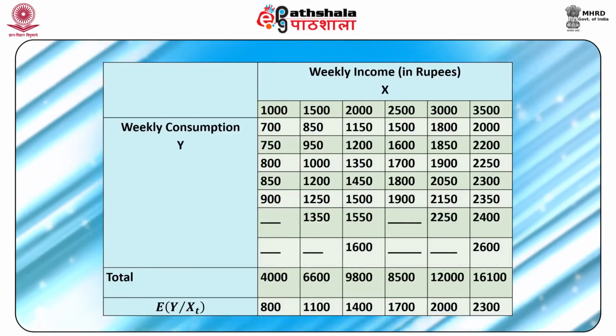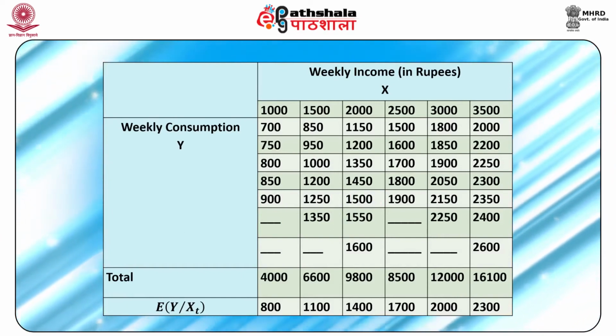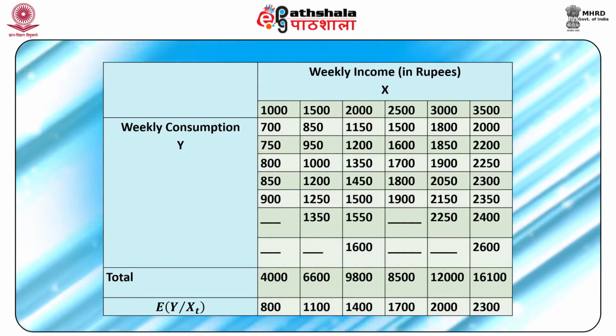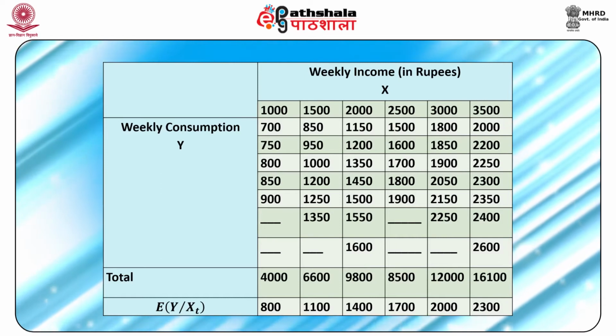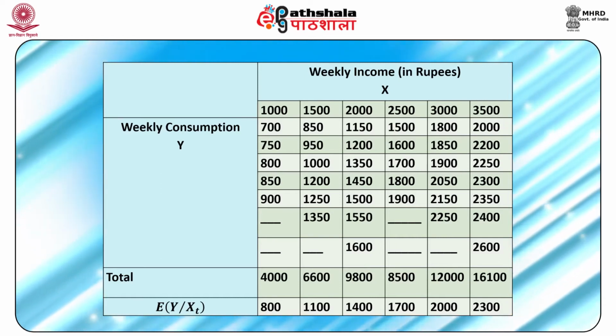Now, coming back to our example, we find that the average expenditure on consumption increases as income increases. I am sure you are very clear now on this. But if you look at a particular family, this need not necessarily be true.